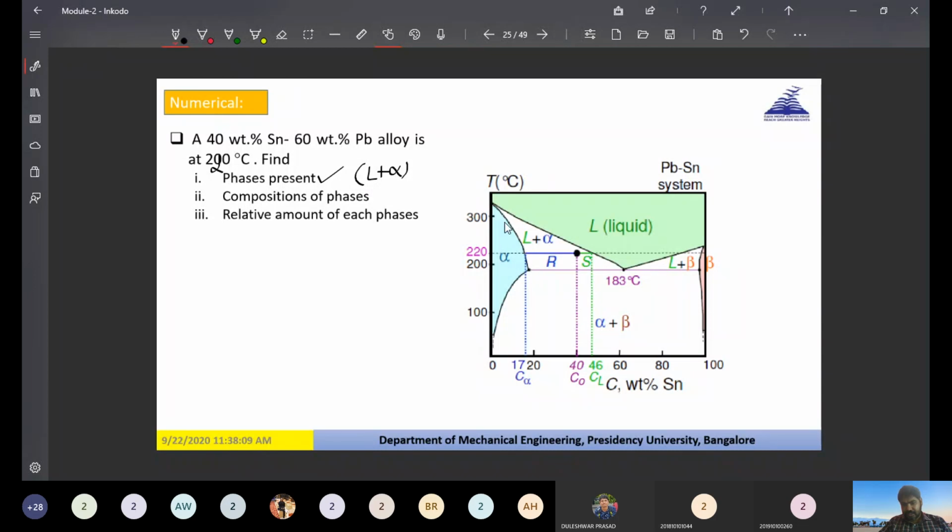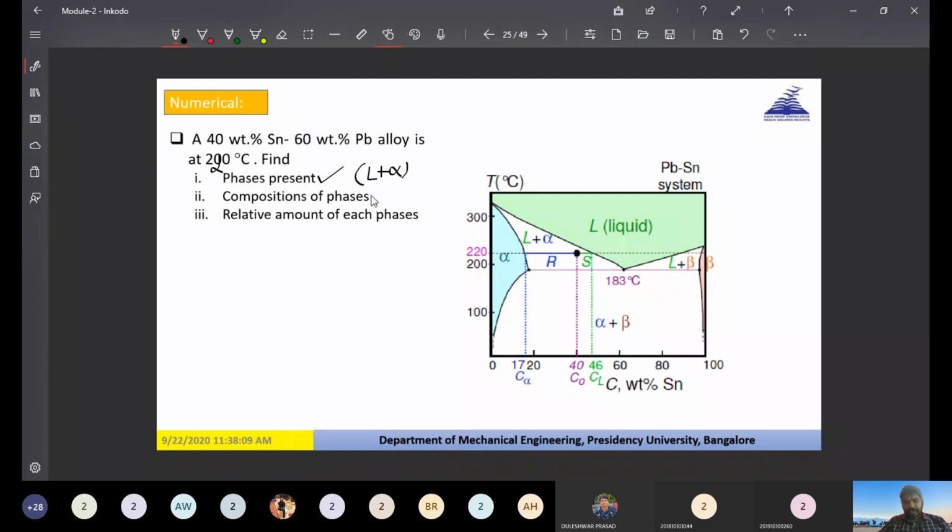In this case, this is the solidus line. So you draw a horizontal line, and this is the point where it cuts the solidus line. Now move downward. This is the composition of alpha, which is nothing but 17.